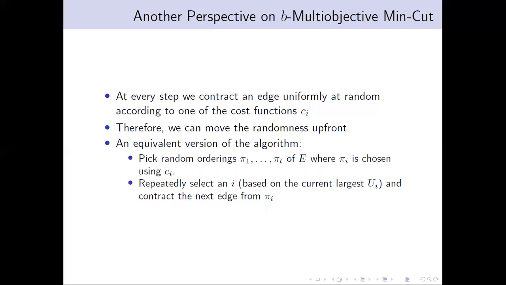We note that at every step, we're picking which edge to contract uniformly at random according to one of the cost functions. This means that we could actually do all of the randomness up front and simply pick t random orderings of the edges, and then at each step use the UIs to determine which of the orderings to contract the next edge from.